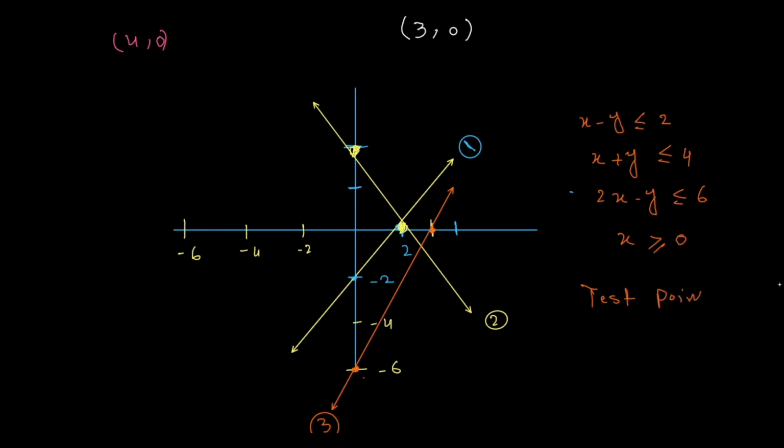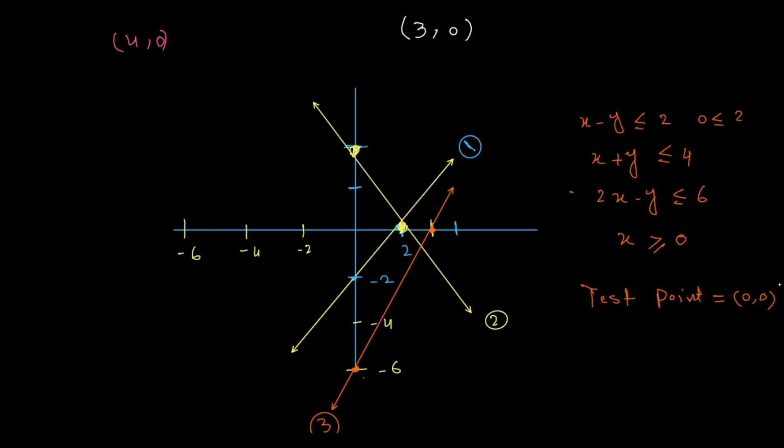When we put the test point in all these inequalities, it will satisfy them. If I put x equal to 0, y equal to 0 here, we get 0 is less than or equal to 2, which is correct.